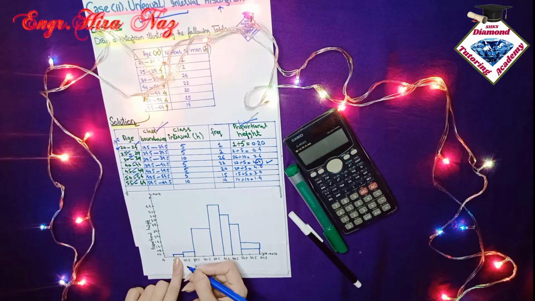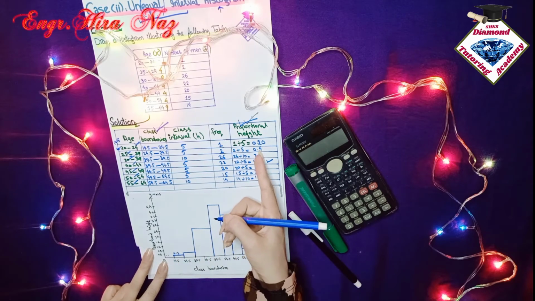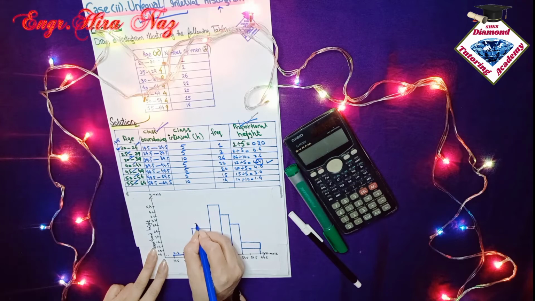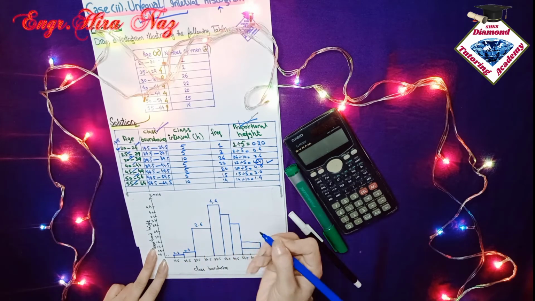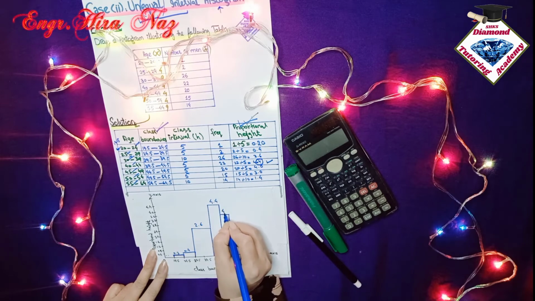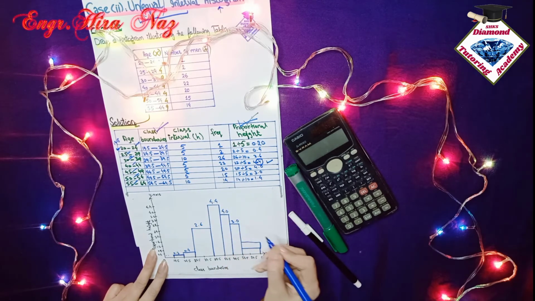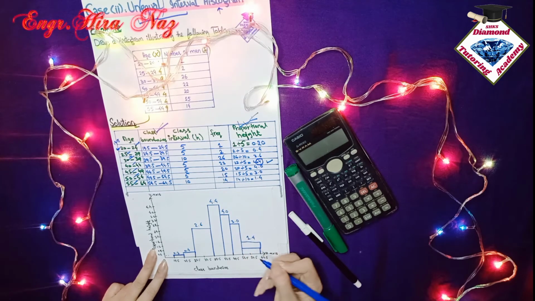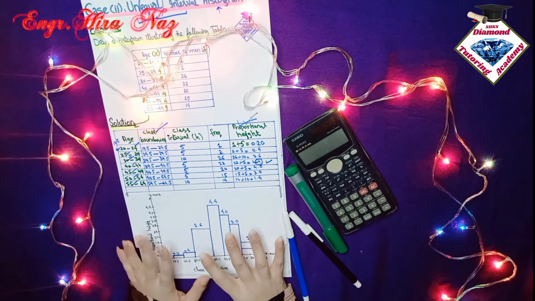For the first interval our height is 0.2, for the next 0.4, for the next 2.6, for the next 4.4, which is maximum, next 4.0, next 3.0, next is 1.4. Now we are done with the histogram of unequal intervals.